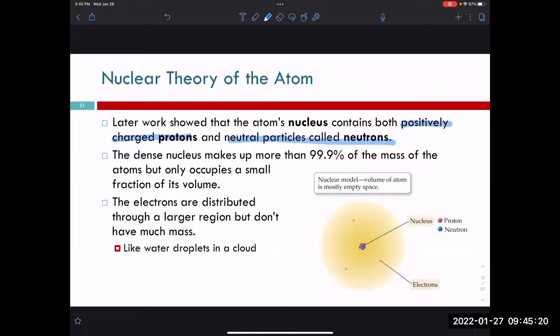The nucleus makes up more than 99% of the mass of atoms, but only occupies a very small fraction of its volume. And then those electrons are distributed through a larger region and don't have much mass. It's kind of like a cloud of electrical fog around the nucleus.